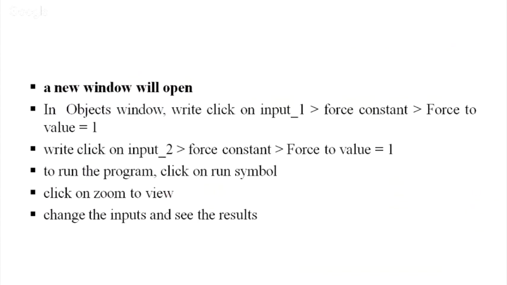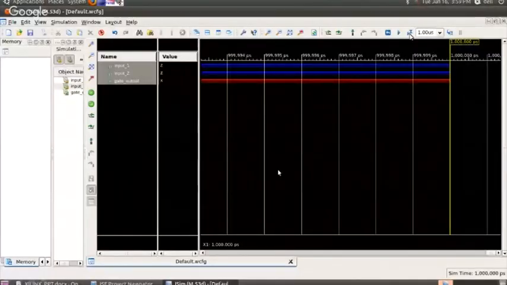In the object window, right click on input 1, then click on Force Constant and give Force to Value equal to 1 if you want to give 1. The same procedure applies to input 2. To run the program, click on the run symbol. This is the run symbol, this one.